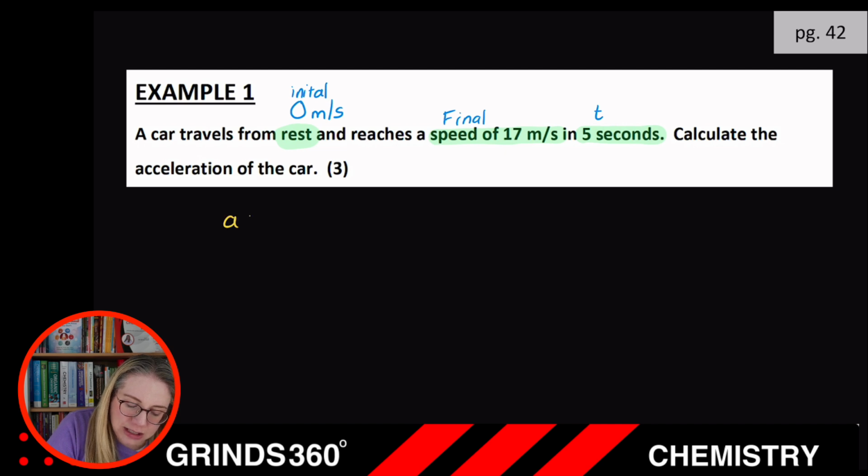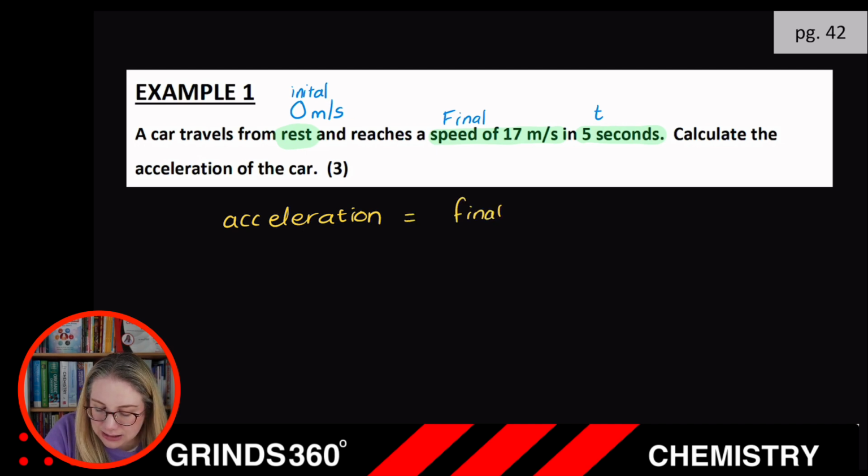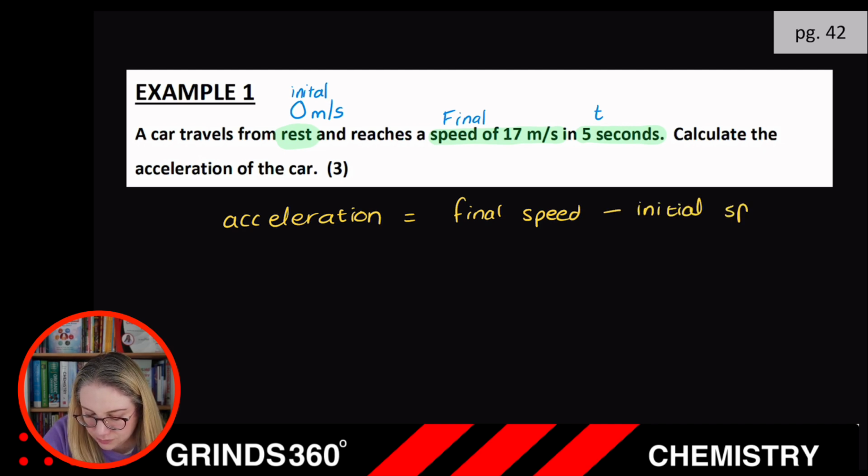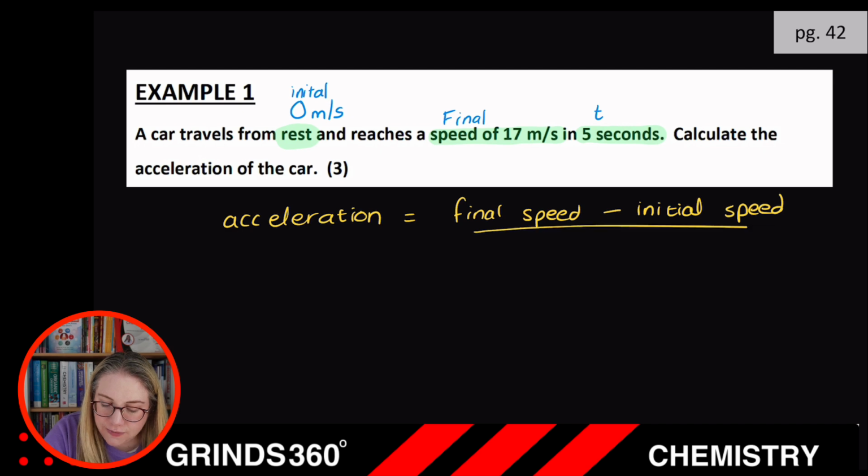So the first thing we do is we write out our formula. We always write the formula in these questions. Acceleration is the final speed minus the initial speed divided by the time. So now we look for those numbers in the question. The final speed was 17 meters per second. Minus the initial speed is 0 meters per second.